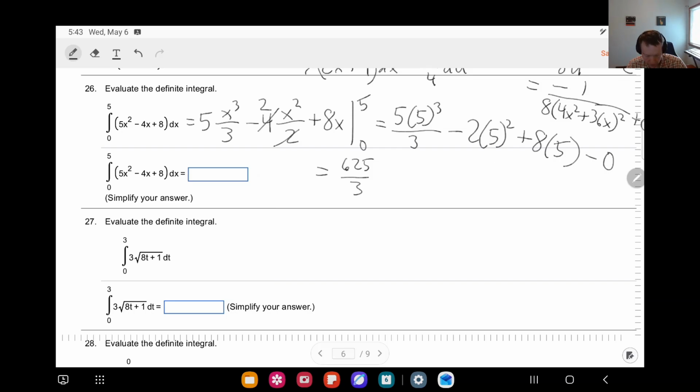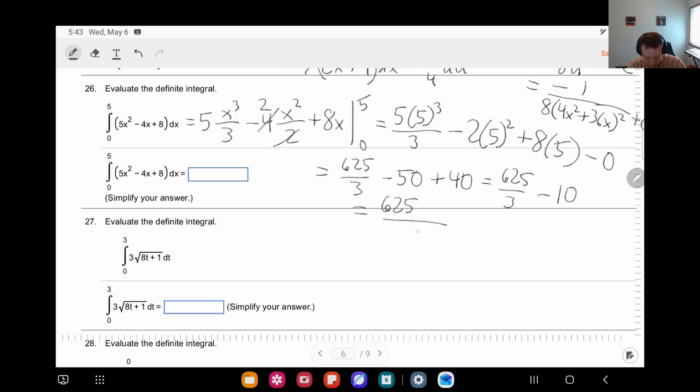This is 25 times 2, so that's 50, minus 50, plus 40. So, of course, these make negative 10. 625 over 3 minus 10. Well, we would like to find a common denominator.